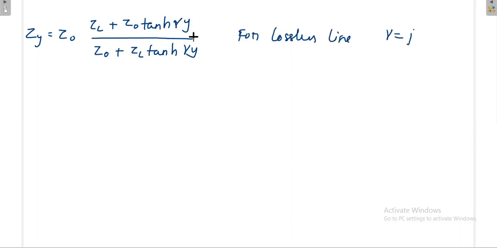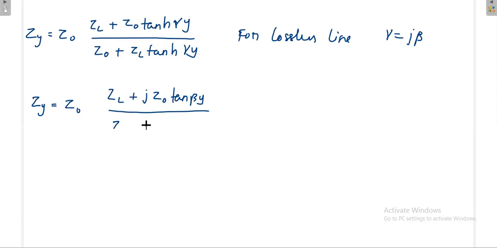Then you replace gamma with j beta. Then zy is equal to z naught, zl plus j z naught tan beta y, divided by z naught plus j zl tan beta y.